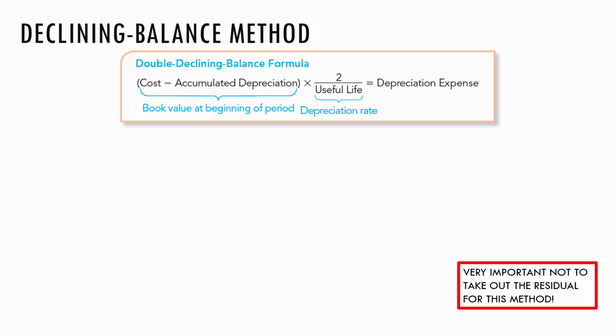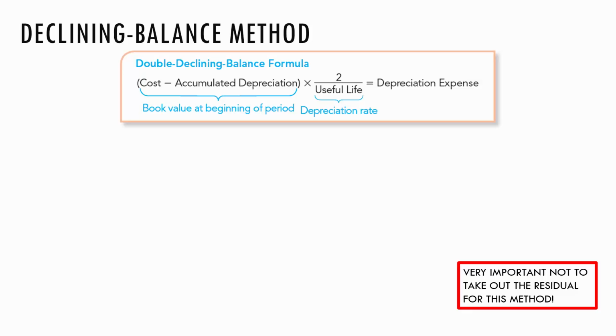And unlike residual, which is one number that stays the same over the whole depreciation period, accumulated depreciation changes. It changes every year because new depreciation expense gets added to it. So this book value at the beginning of the period is going to change every reporting period, so you're going to have to recalculate that.